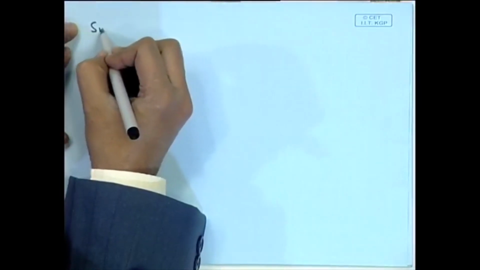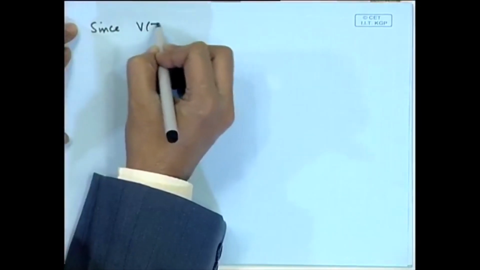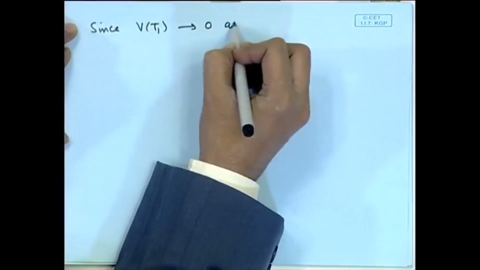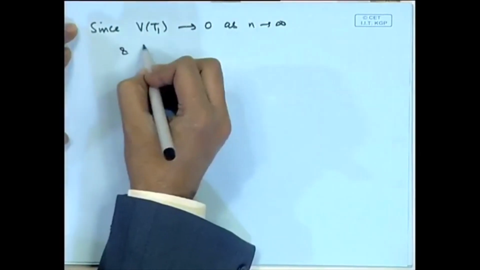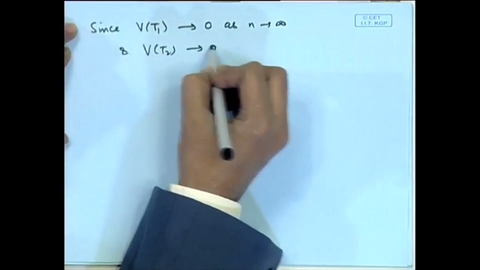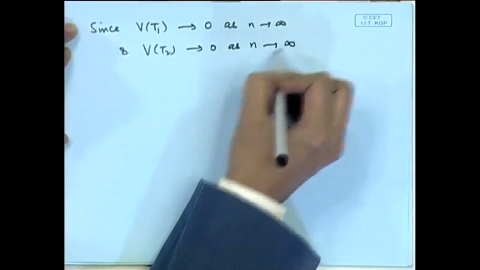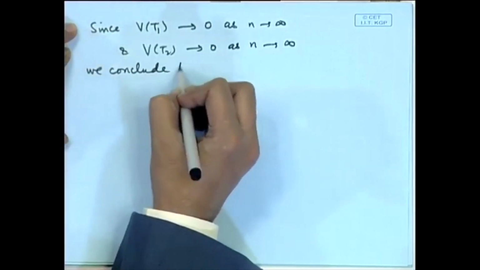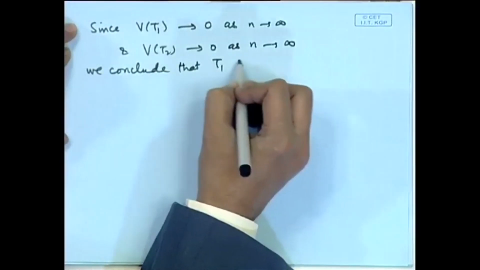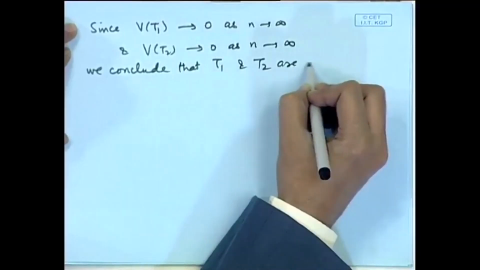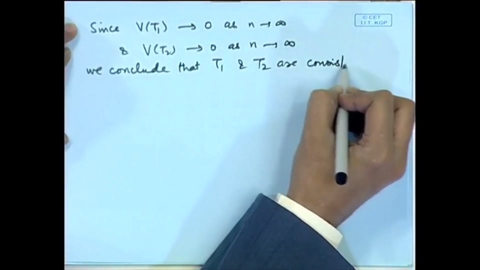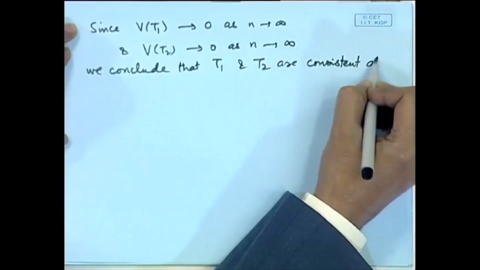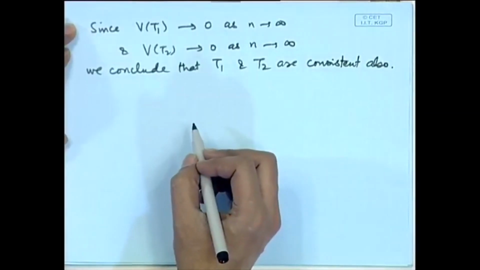So, we conclude that T1 and T2 are consistent. So, we have two estimators, both of them are unbiased, both of them are consistent also. So, again, which one will we prefer?